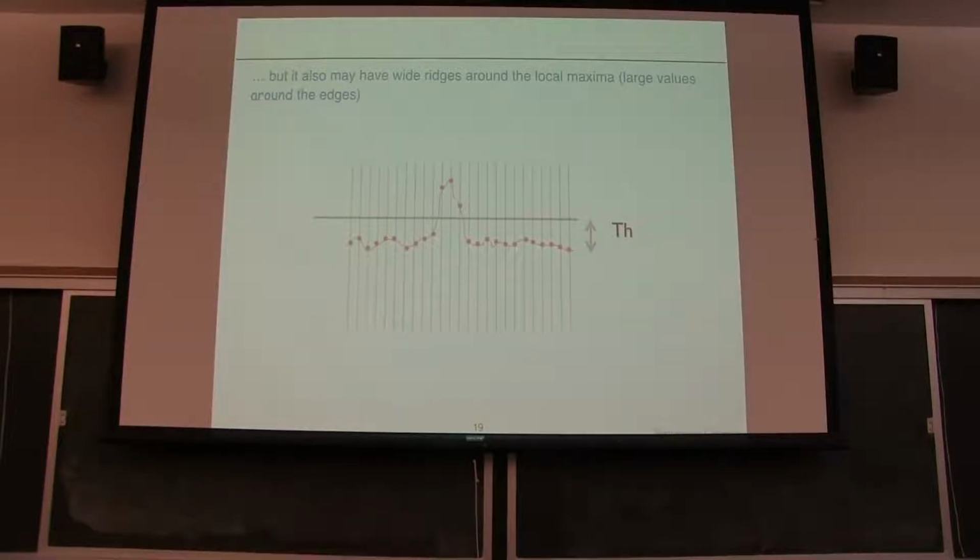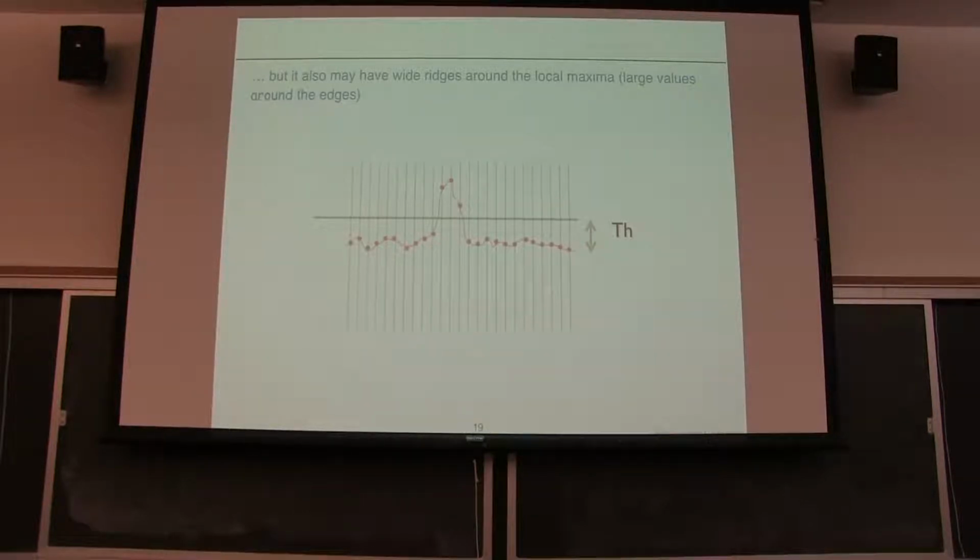Now what we're going to do is similar, as you're going to see. We're going to traverse along the direction that's perpendicular to the edge, along the vector of the gradient, and look at my neighbors in that direction. I only pick the tallest one.